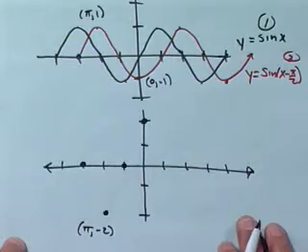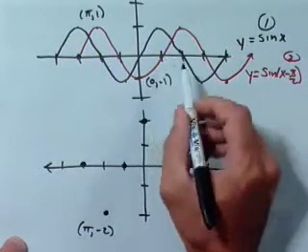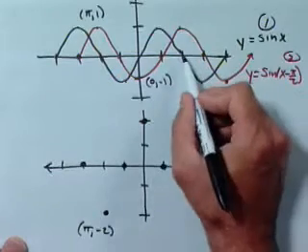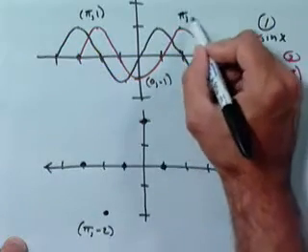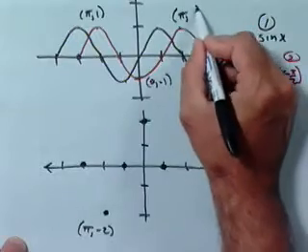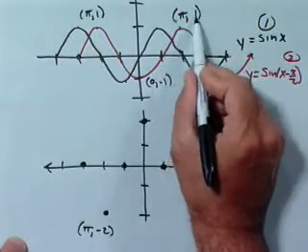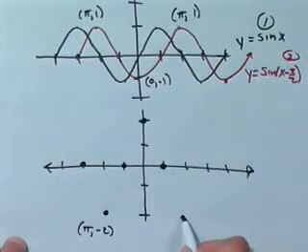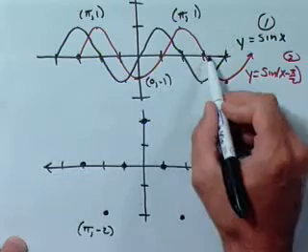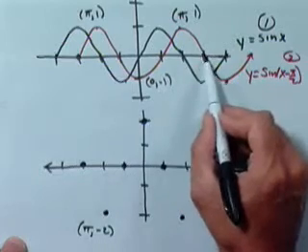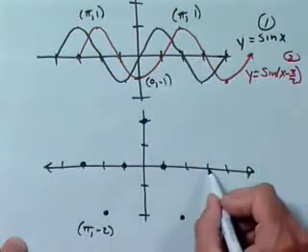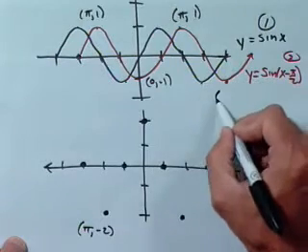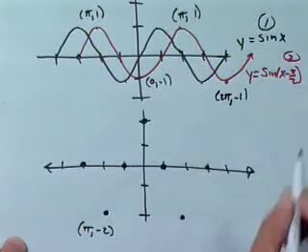Okay, and I'll just keep going. This point here will still remain at 0. This point here is (pi, 1). So that point's going to go to (pi, -2) because I have to multiply the y value by negative 2. We'll keep going. This point here is (3pi/2, 0), so that's going to remain the same. Here's the point (2pi, -1).